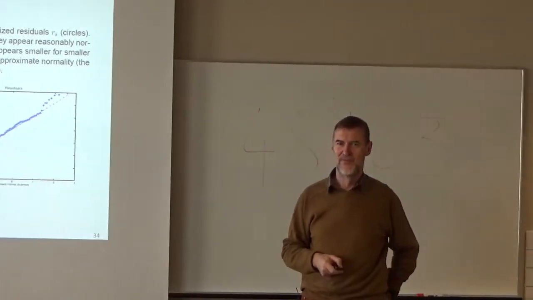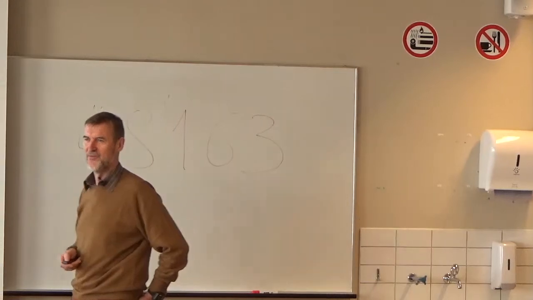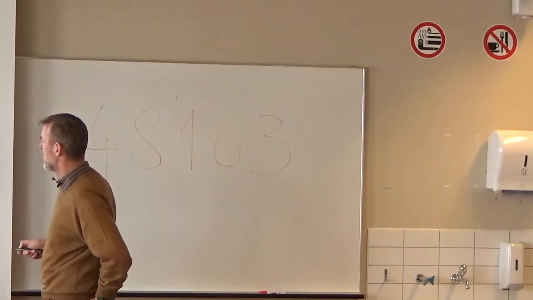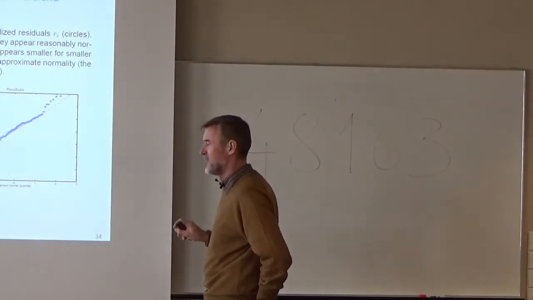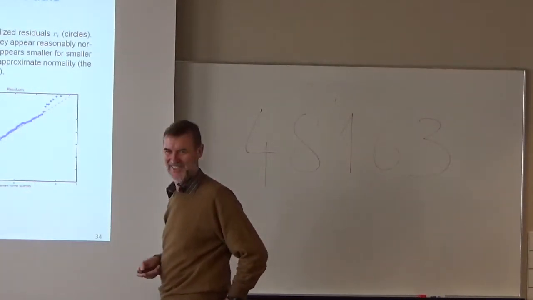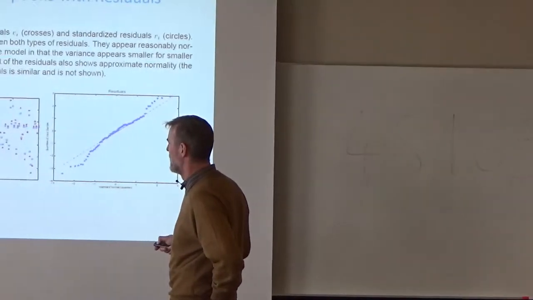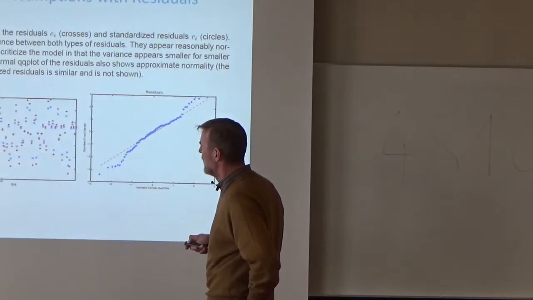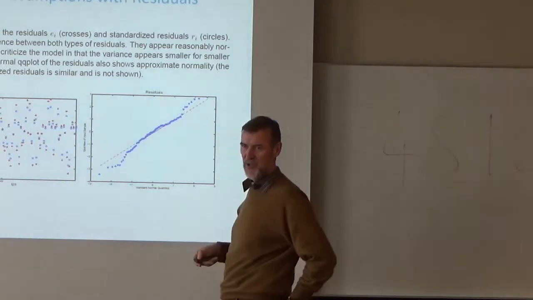Which one? Does it appear to be Gaussian? I did here a QQ plot, which is so-so. It's not extremely wild like the one we had before, but we see clearly that the variance is increasing. So it's smaller on the left than on the right.